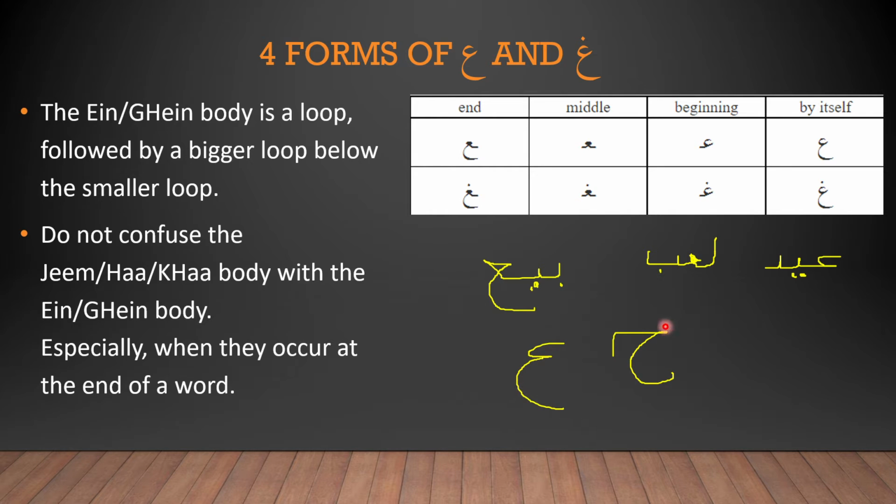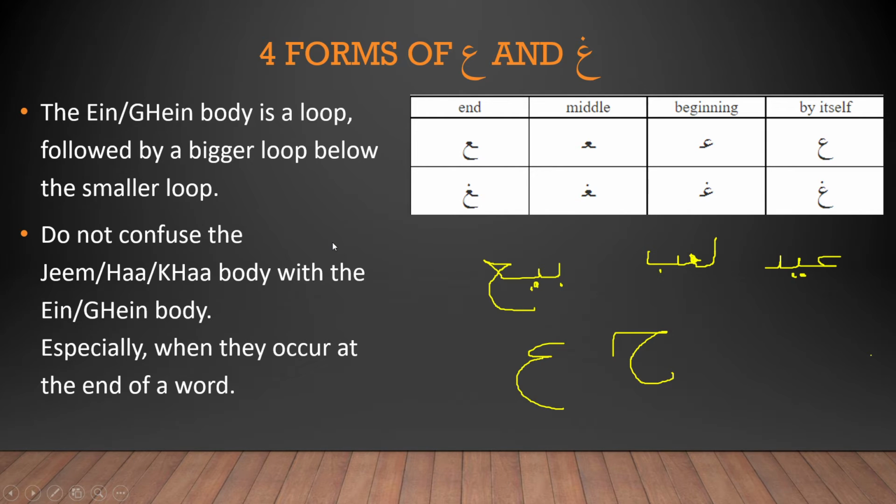Both Ha and Ein have it. So at the end, when the loop is shown, you shouldn't be confused, because in Arabic text the letters are part of a word, so it won't be in its original form. It'll just be in the ending form. So the loop will only be seen in the ending form. That's why do not get confused between the Ha loop and the Ein loop.